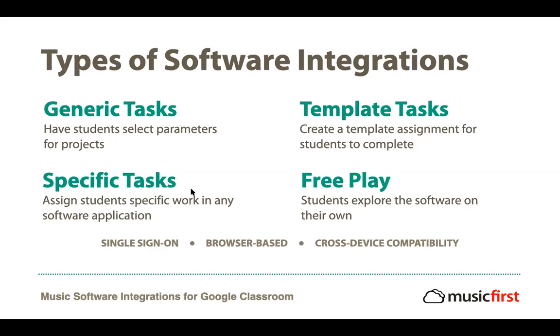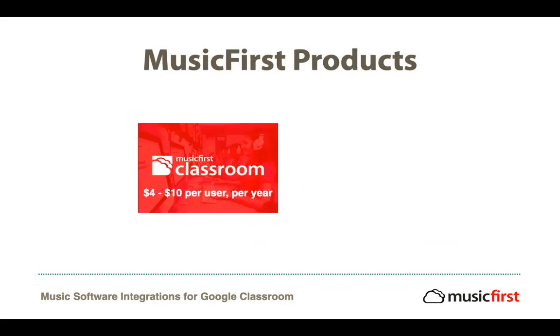It's all single sign-on, all browser-based, and it works on every device. So you can start something on an iPhone, finish it on a Chromebook. It doesn't matter, as long as you're using the Chrome browser or the MusicFirst student app. We have 2 products, the MusicFirst Classroom, which is what I showed you today. Typically, people are spending somewhere between $4 and $10 per user. You can definitely spend more.